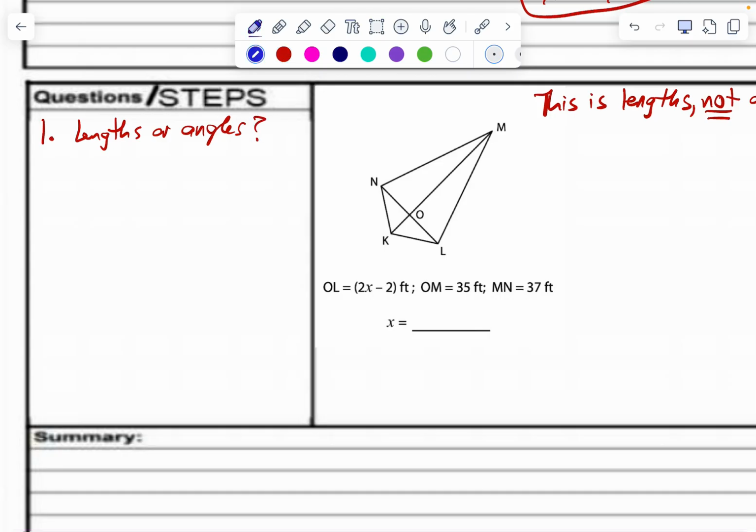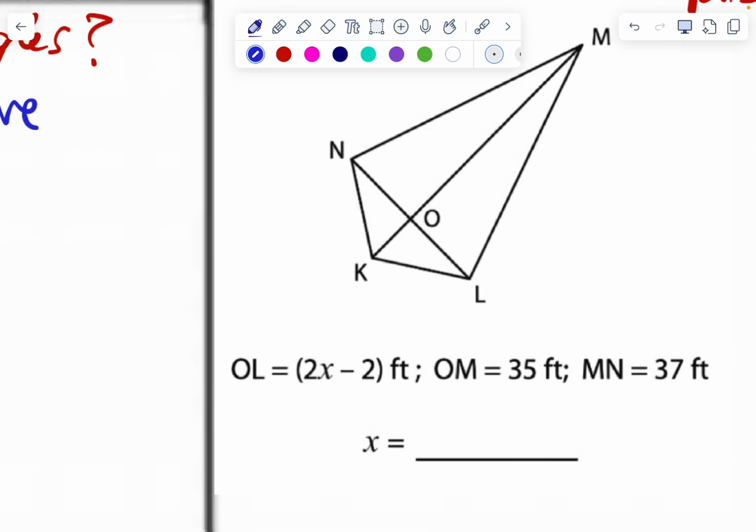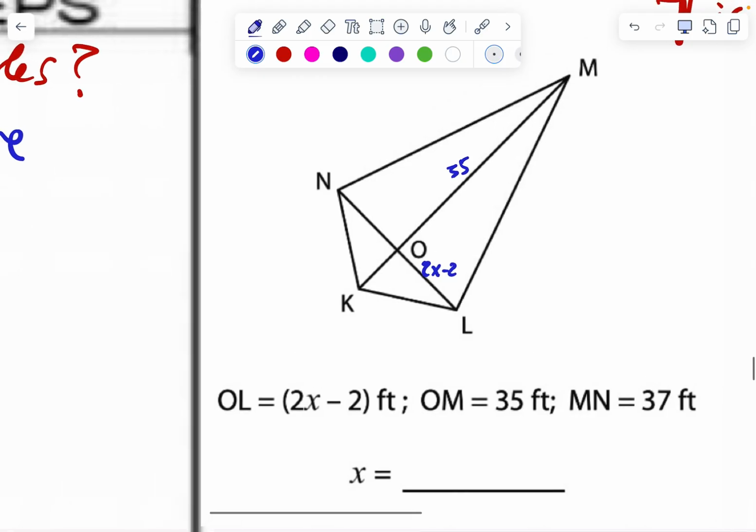Okay, number 2, label the figure. So OL is 2x minus 2. OM is 35. MN is 37.